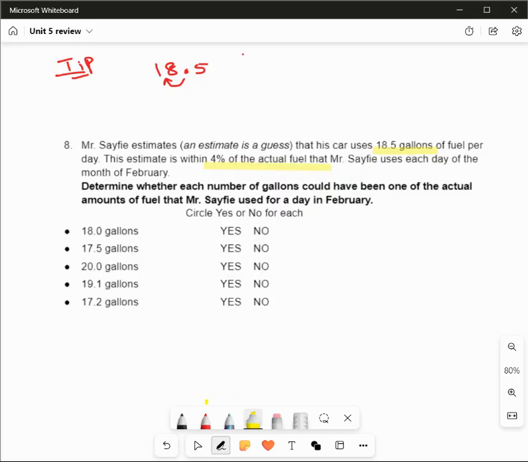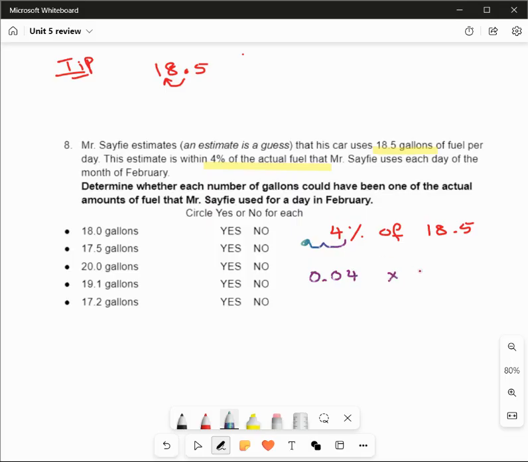So let's go ahead and find out what 4% of 18.5 is, and then we can come up with the answers up here. I'm going to find 4% of 18.5 gallons. You can do the math in a simple way. Move the decimal 2 places, so it's going to be 0.04.